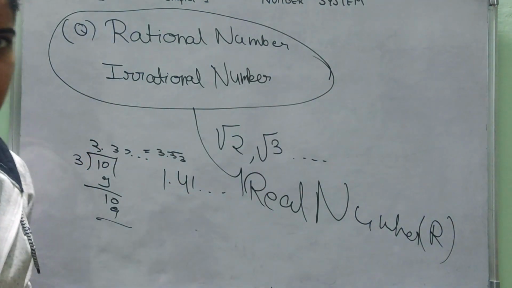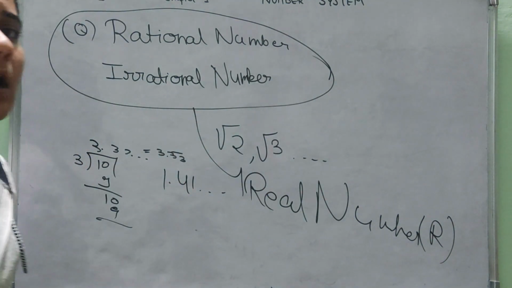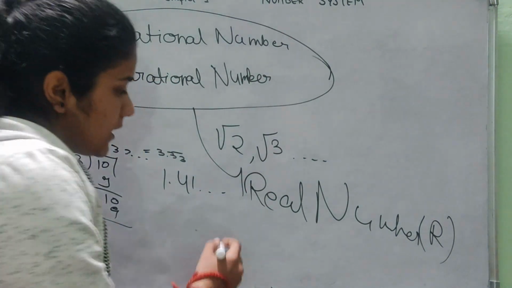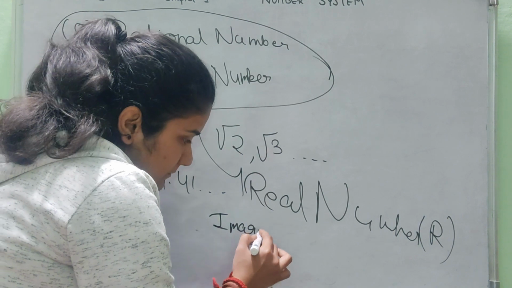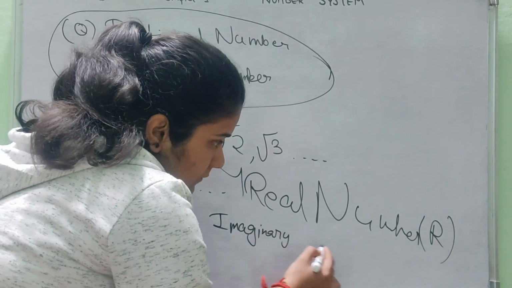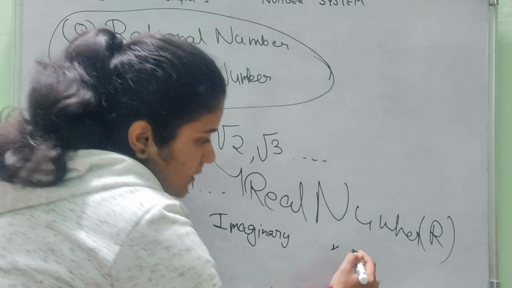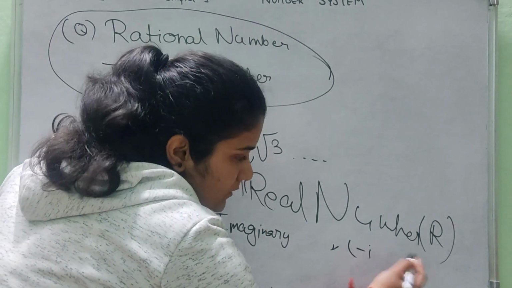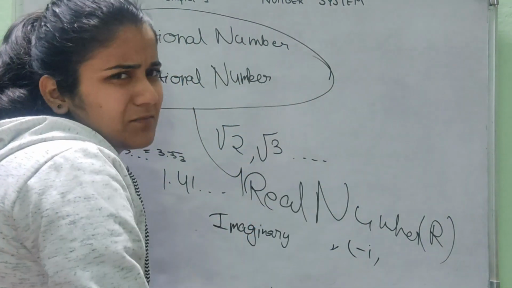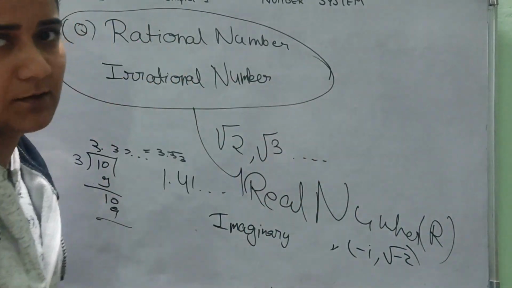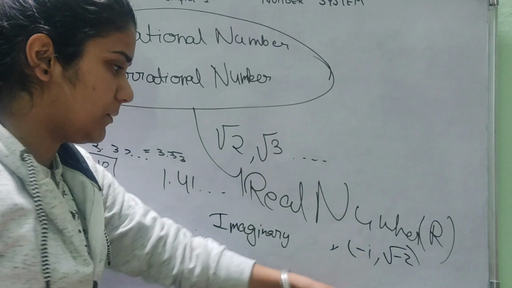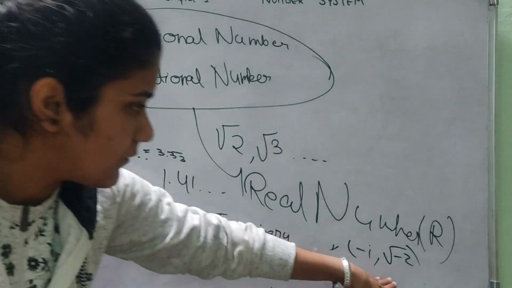Yes, there are imaginary numbers, but these are part of class 11th. Here comes minus, iota and so on. There are many numbers like minus root 2. These are all imaginary numbers. These do not exist in real life, but they are part of class 11th.